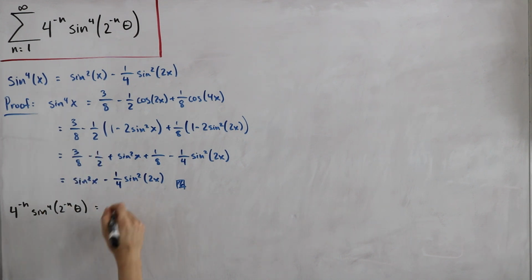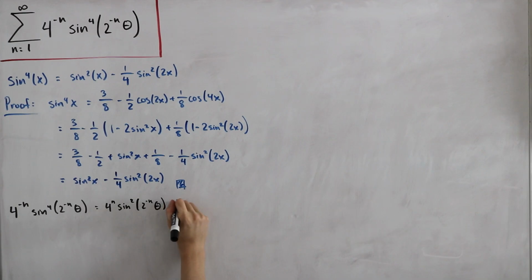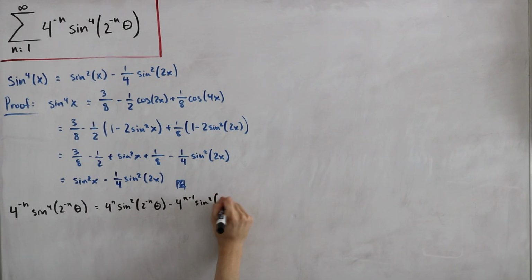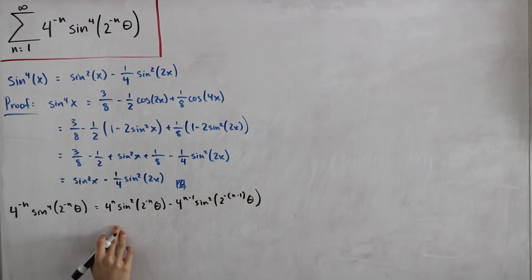Then using the identity, we have 4 to the power negative n times sine square of 2 to the negative n theta, and then subtract 4 to the negative (n minus 1) times sine square of 2 to the negative (n minus 1) theta. Okay, so now with this, you're actually going to notice something that's very interesting.